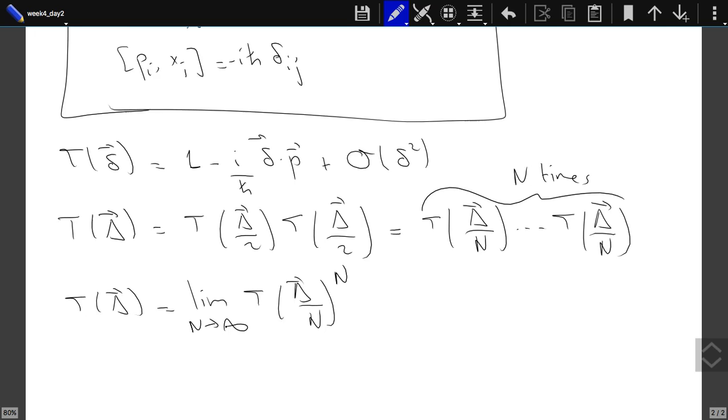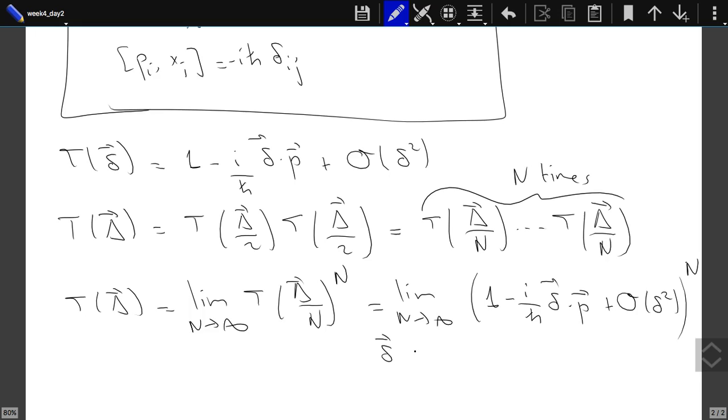And for very, very small displacements, I know what the translation operator is. One minus i over h bar delta dot p plus terms of the order of delta squared, to the power n, where delta, I define it to be capital delta over n.